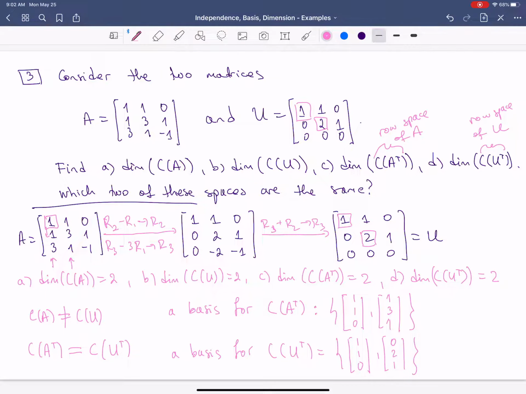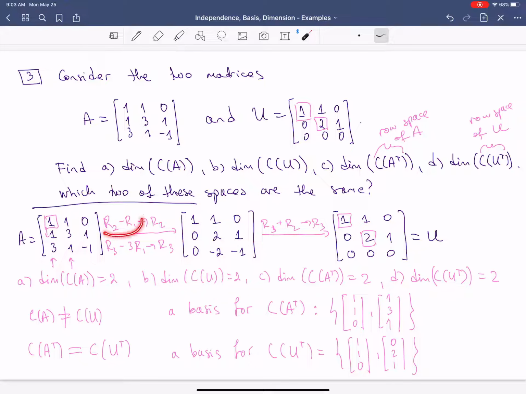But the row space of A has this other vector in the basis, 1, 3, 1, whereas the row space of U has the vector 0, 2, 1 in the basis that we've chosen. So the question is, can we combine these two vectors to obtain that vector? And the answer is absolutely. How did we get the row 0, 2, 1?